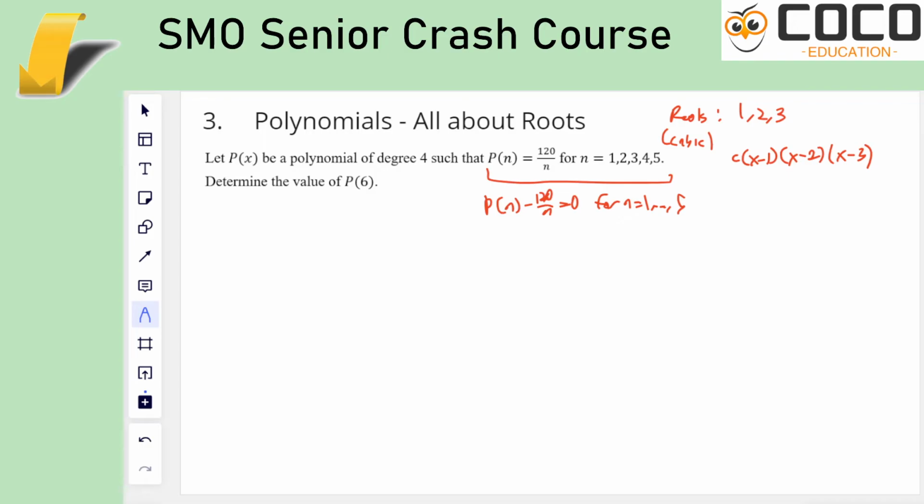Not quite. Why? Because that's not a polynomial. So it's not wrong, but it's not quite what we want. To make this a polynomial, I have just a very simple proposition. Let's multiply by n. And so the conclusion is that the polynomial xpx minus 120 has roots 1, 2, 3, 4, 5.